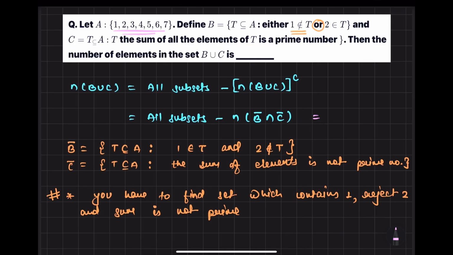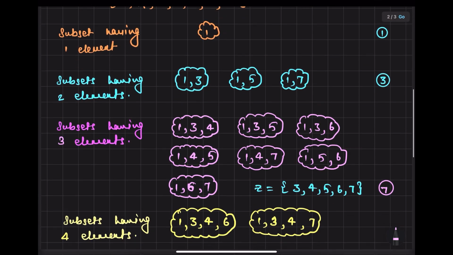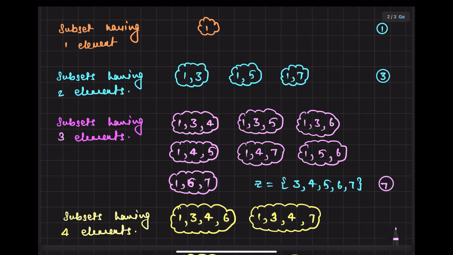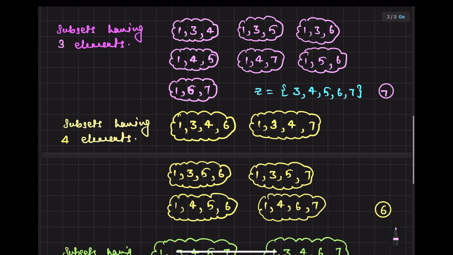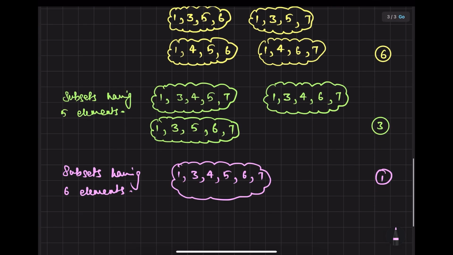Now look at this. So total number of elements are 7. So total number of subsets will be 2 power 7. Is that okay? So now the idea is 2 power 7. Now we have to find out every situation. So 1 and 3 is 4, 11, 11 and 6 is 17, 20, 21.